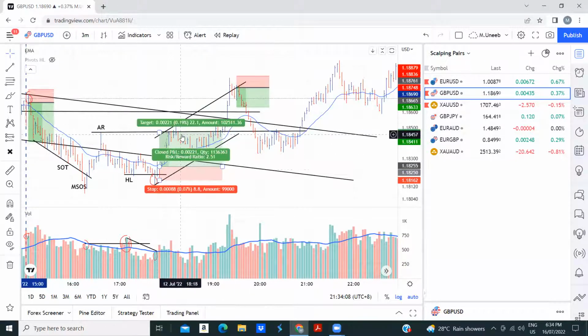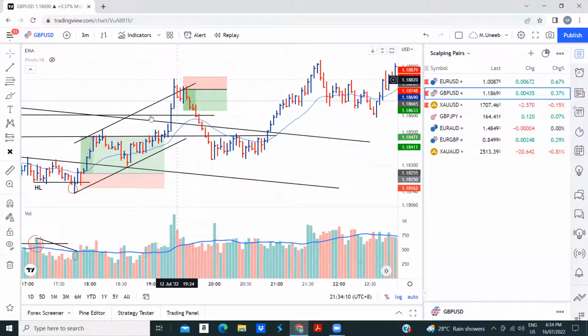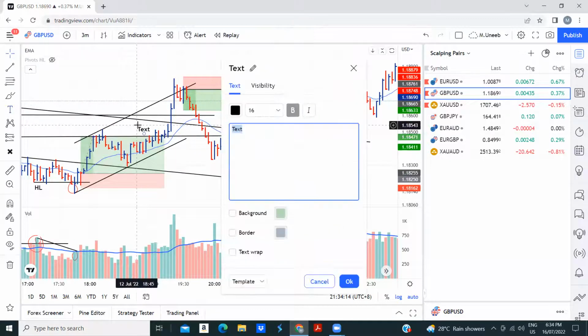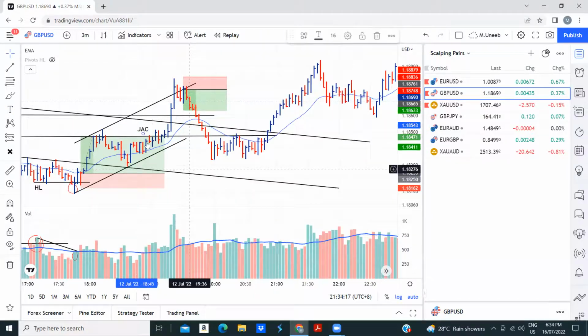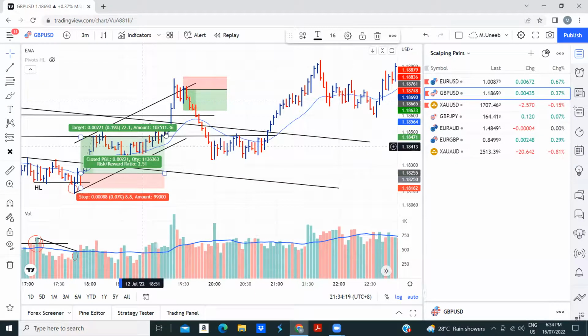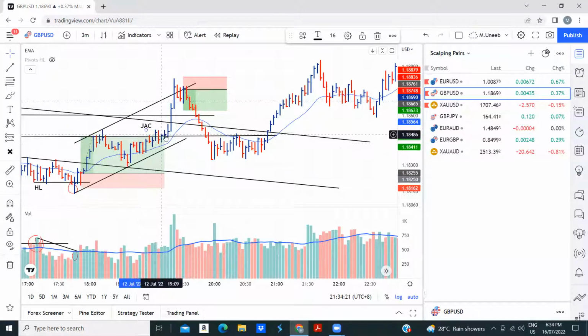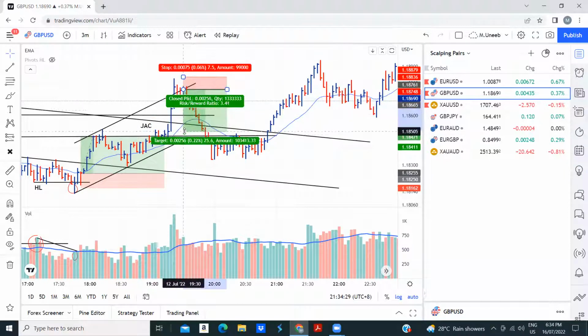Yeah, correct. So obviously when we are going through this AR, what do we notice here? This is actually a jump across the creek, right? So now at this point, our bias is bullish. At this point, our bias is bearish. Got it?